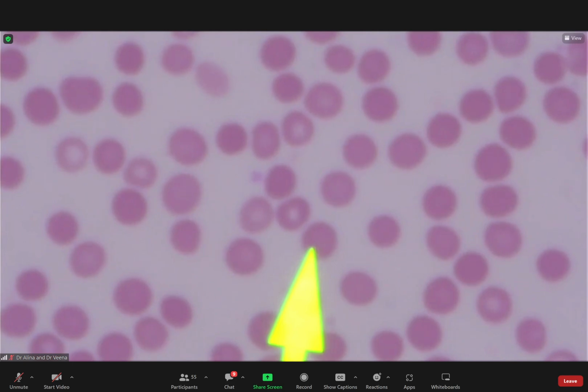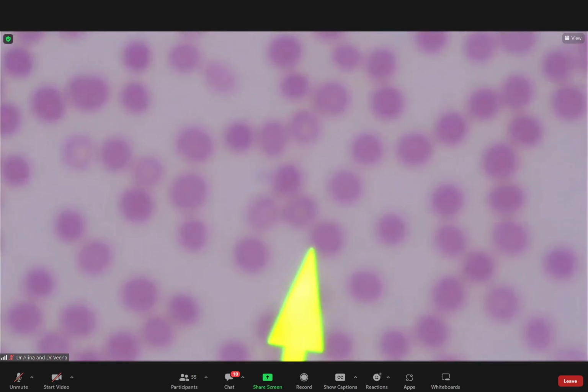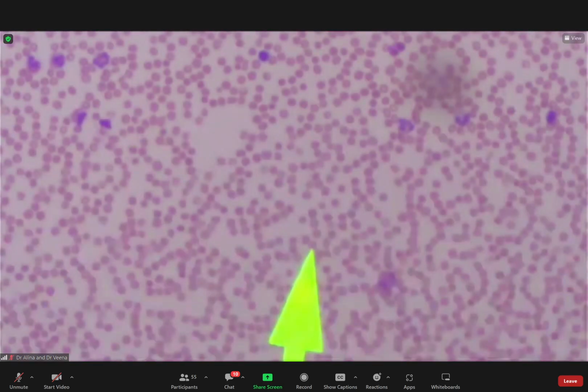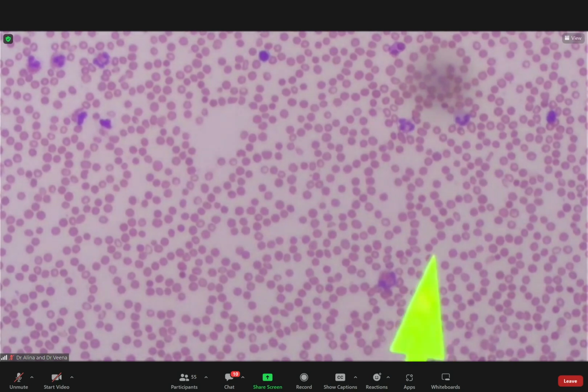The next case is a 53-year-old man presented with loss of appetite, lethargy, and intermittent coughing. Okay. What is that?